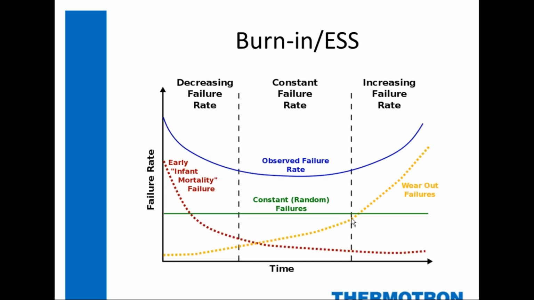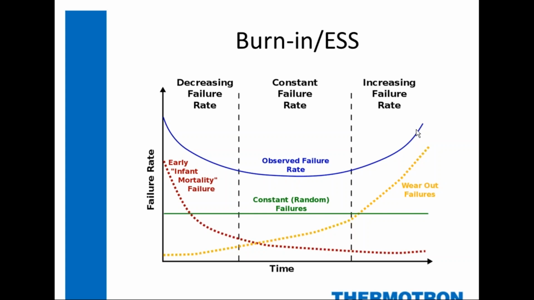This yellow graph is wear-out failures, which, in the case of a laptop computer, you might expect to happen after 7, 8, 9 years as hard drives wear out. And then the green here is just a constant failure sampling. Maybe one fails out of a sample of 1 million, maybe you get 5 or 10 per week that would fail. So this bathtub curve is a combination of all these.